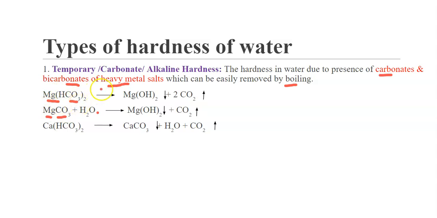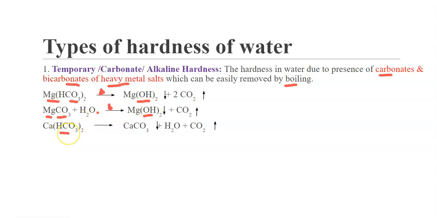Because when we boil the water containing these two salts, the bicarbonate and carbonate of magnesium get converted into insoluble magnesium hydroxide, and CO2 gas is released. That means the soluble salts get converted into insoluble salts on boiling, and the hardness is removed.